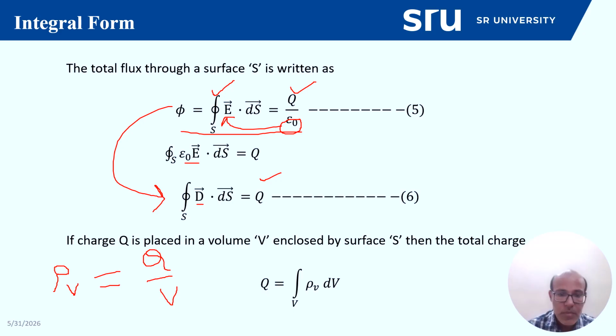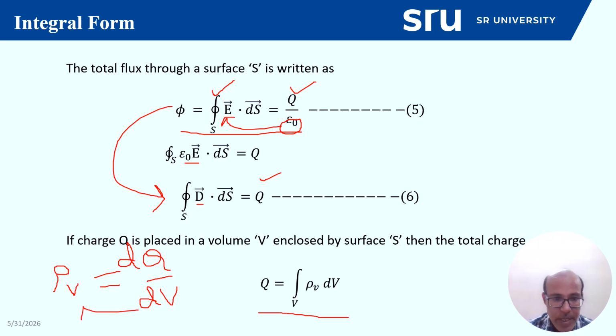Okay. If there is elemental volume, elemental charge, if you cross multiply, dq will be equal to rho v dv. If you want the total charge, integrate. If you integrate, this is what we get. So volume charge density is dq by dv.